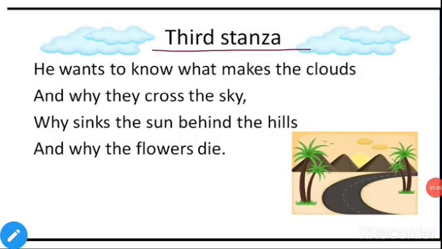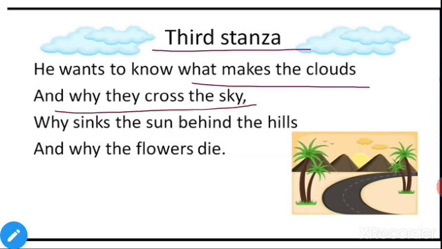Next, third stanza. He wants to know what makes the clouds and why they cross the sky. Why sinks the sun behind the hills? And why the flowers die? In this stanza, the poet gives some more examples of the questions asked by the little boy.